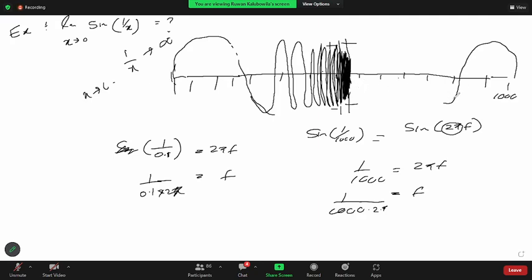On the right-hand end also, the same scenario: increasing frequency. When you reach the point 0, it has very high frequency, right? This is our function, this sine 1 over x function.